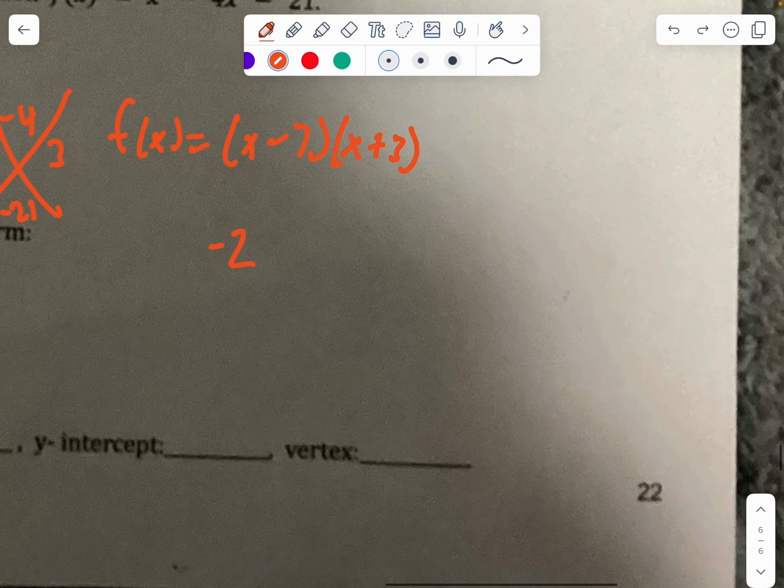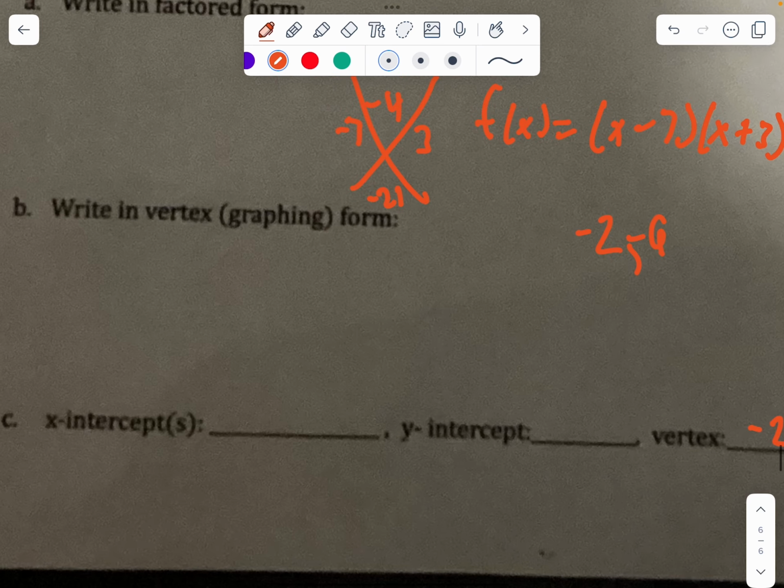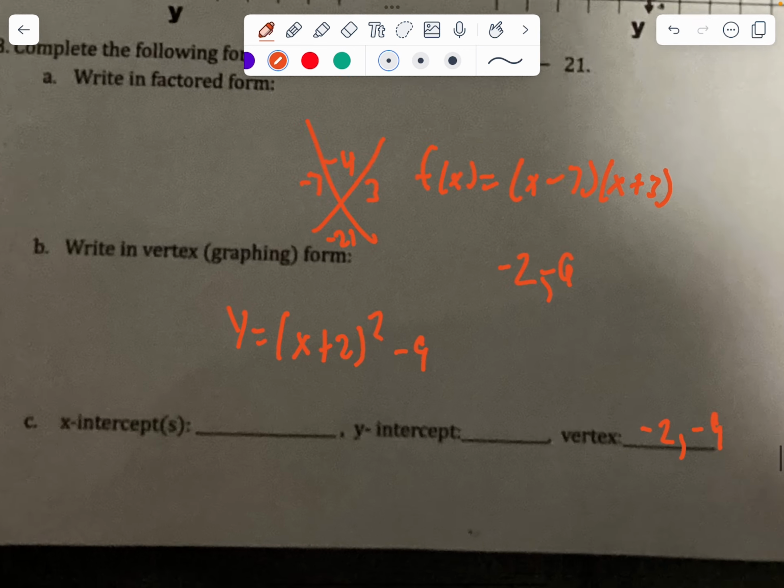So our vertex is going to be negative 2, negative 9. So we write that y equals (x plus 2), remember, it's opposite, squared, minus 9.